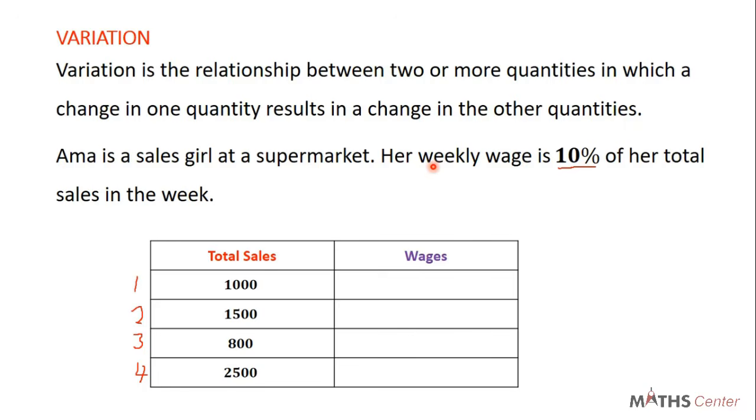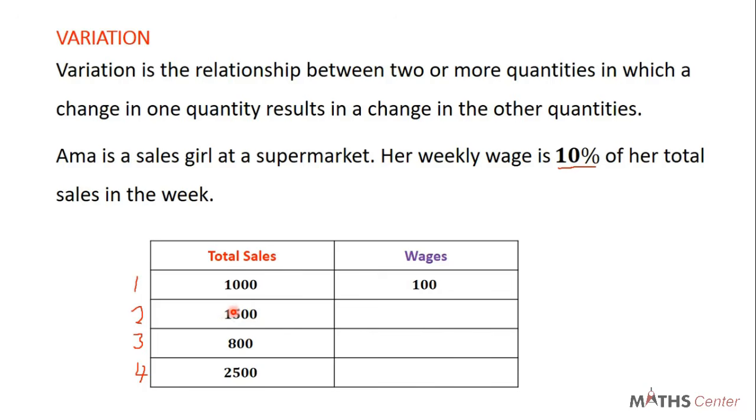The question says that her weekly wage is 10% of her total sales. So her weekly wage for the first week will be 10% of 1,000 cedis. And 10% of 1,000 cedis is 10 divided by 100 times 1,000. That will give us 100 cedis.